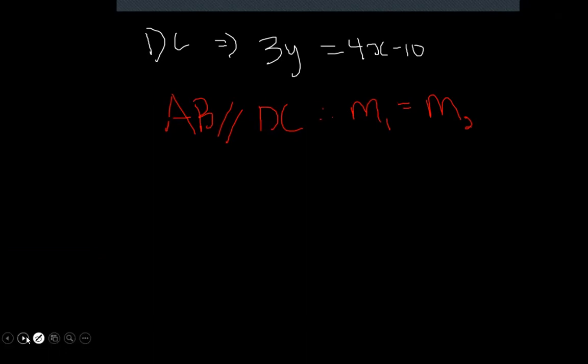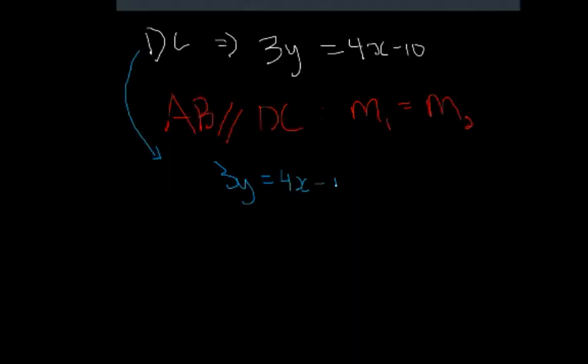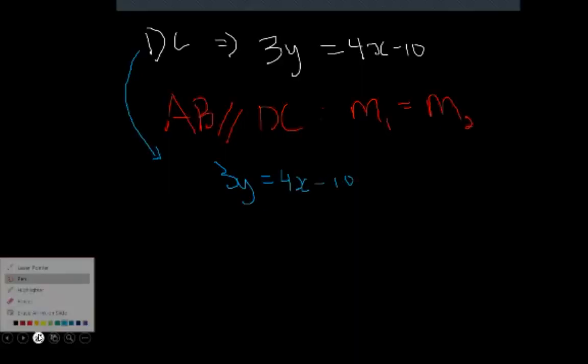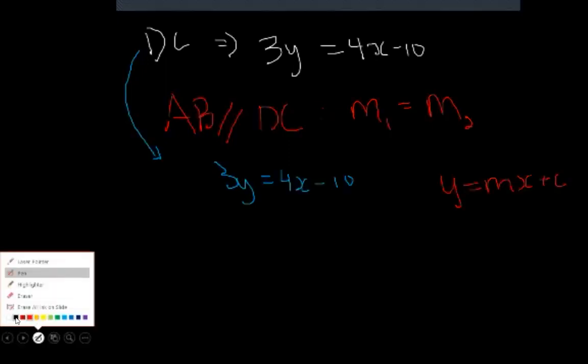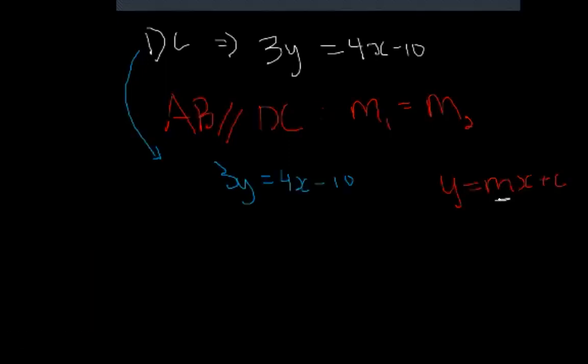I could first find the gradient of DC, and that would give me the gradient of AB. How do we find the gradient? Remember, we need to write it in the form y equals mx plus c. Then all we have to do is identify m. M is our gradient.